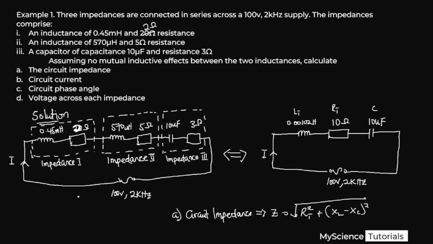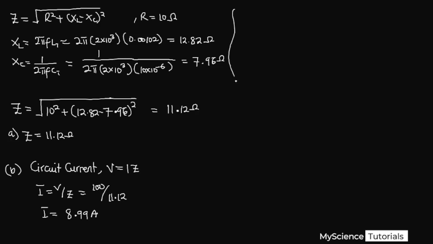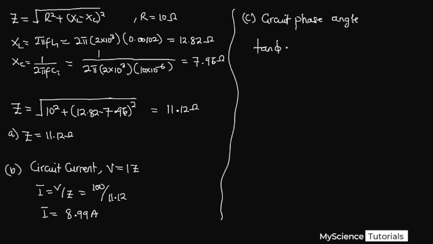So let's go ahead and look at the third one, C, the circuit phase angle. Now to find the circuit phase angle, we use tan. The angle is equal to the tan inverse of the ratio XL minus XC all over R total, or the total resistance in this circuit.